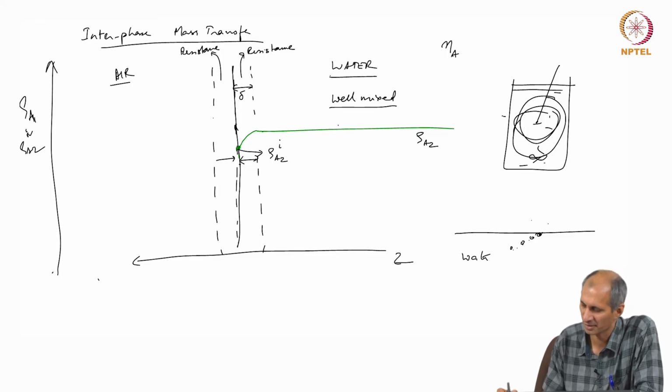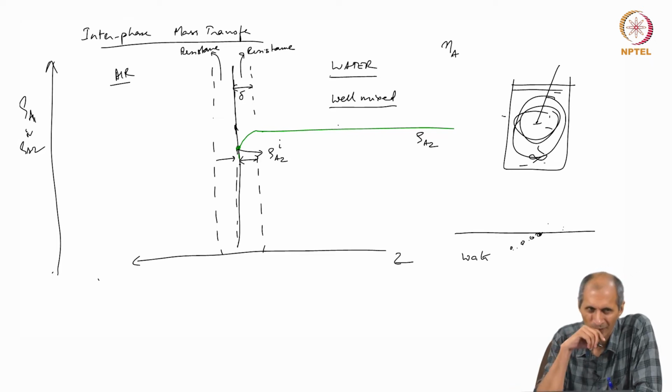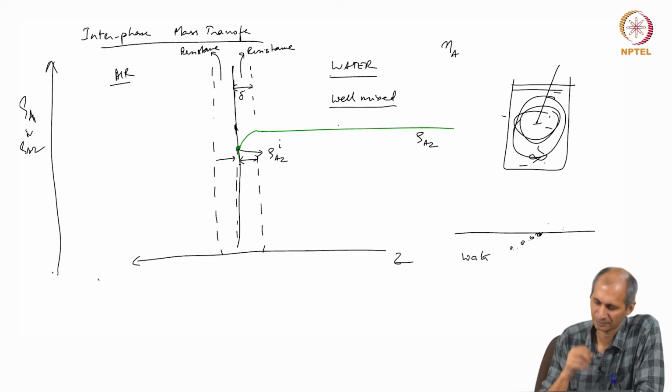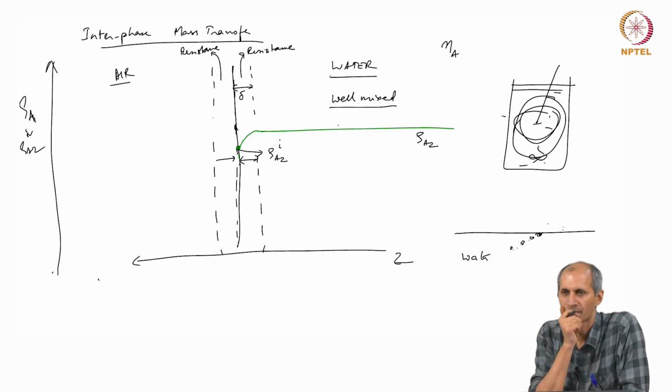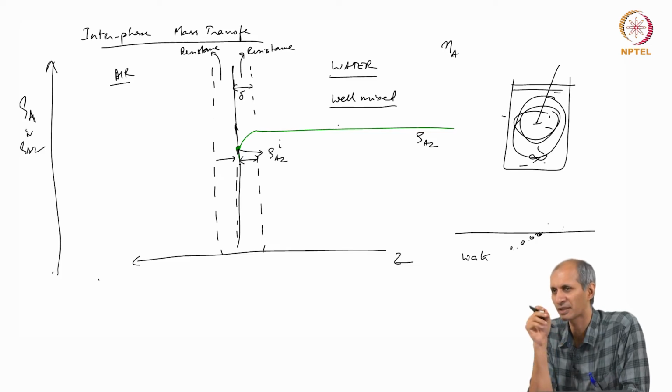What will be the concentration on the other side? You do not know, but can you make an assumption? Truly we do not know, but there is an assumption. What could it be at the interface?